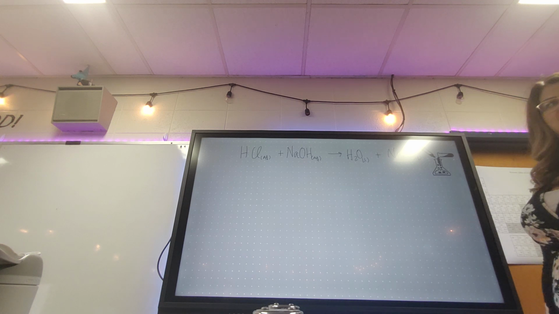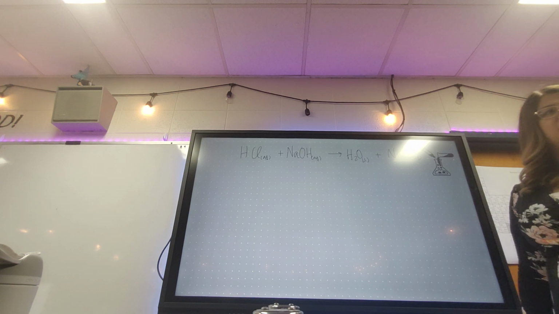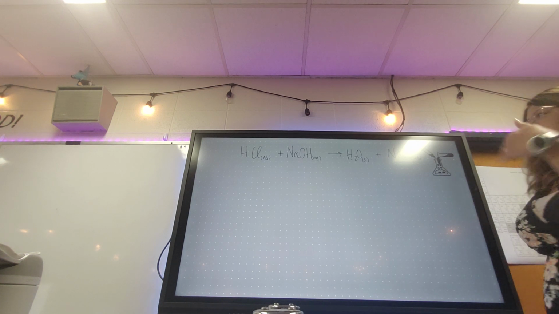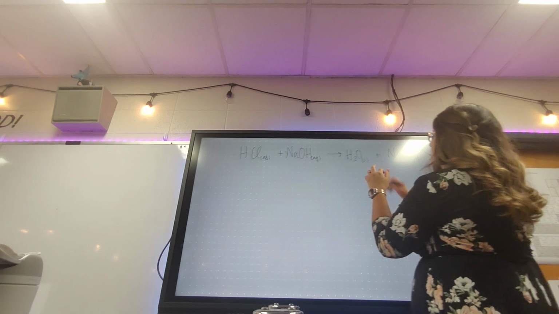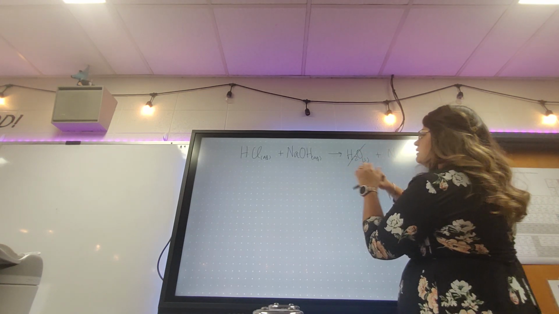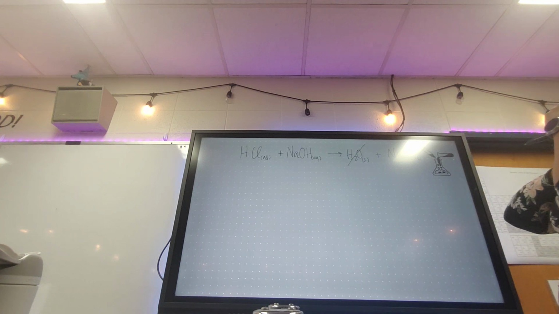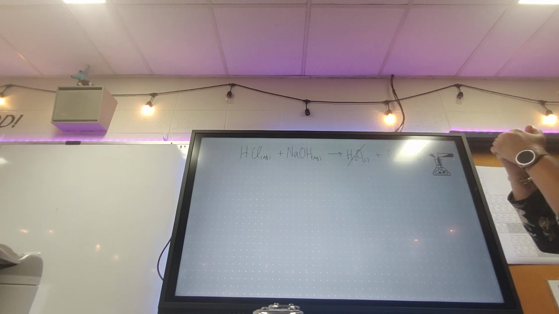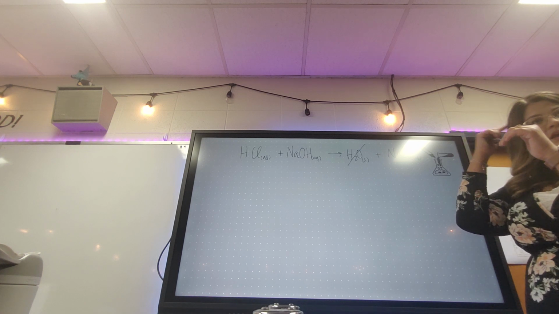All right, so before I do anything, I'm going to check to see what the states of matter are. So here I see that I've got a liquid. So I'm just going to put a little line through it, not super big because I want to make sure that I don't forget it exists in this chemical equation, but I'm going to put that line there so that I know, don't write it in the KEQ.